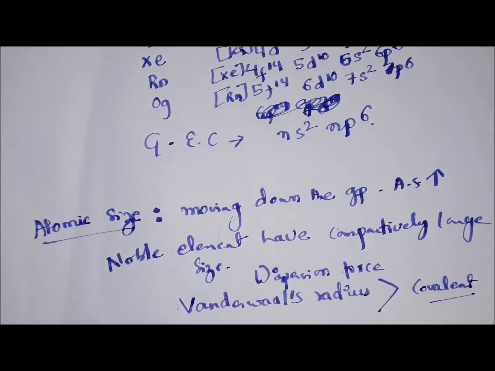Because of this the atomic size of group 18 elements is comparatively large.